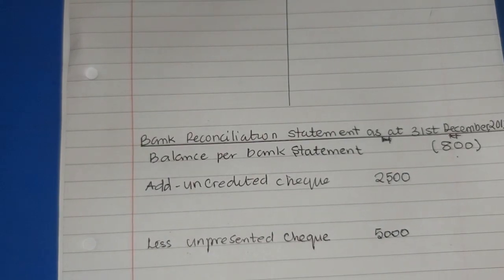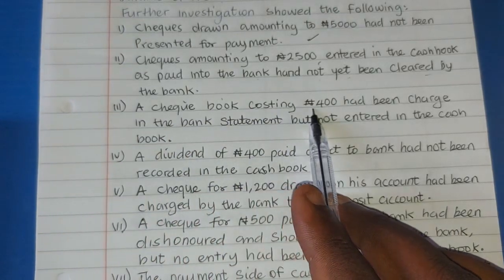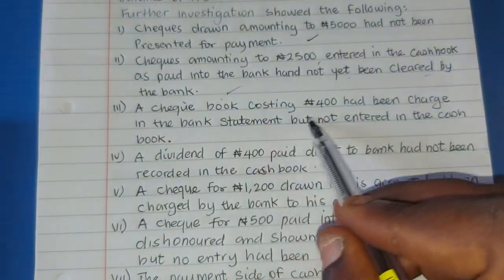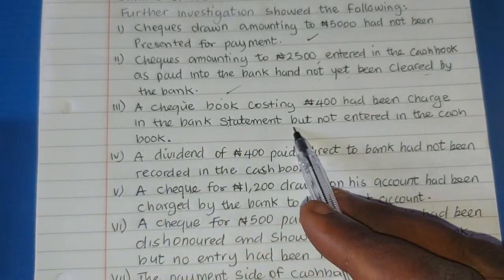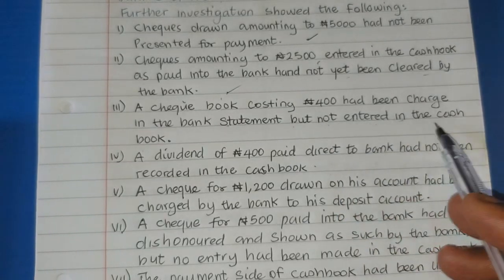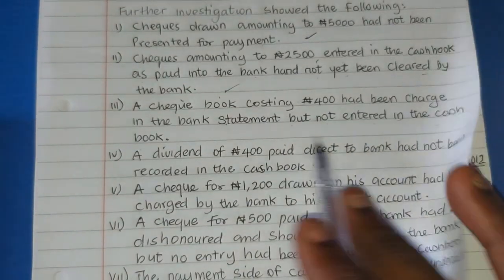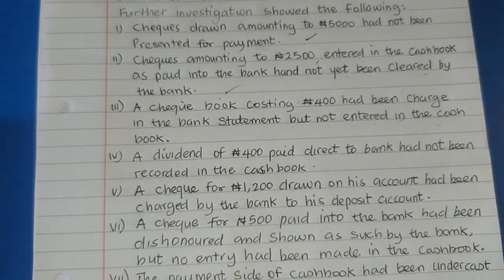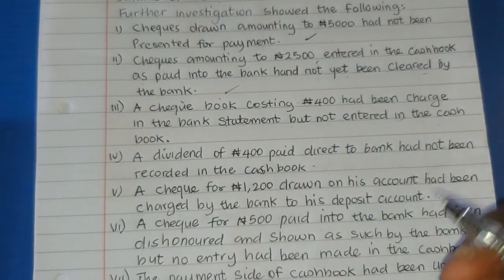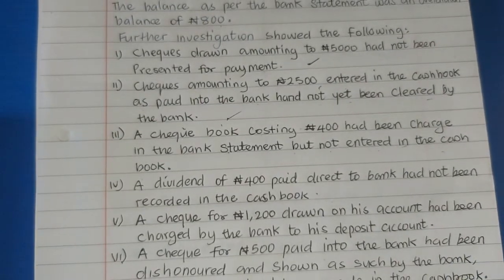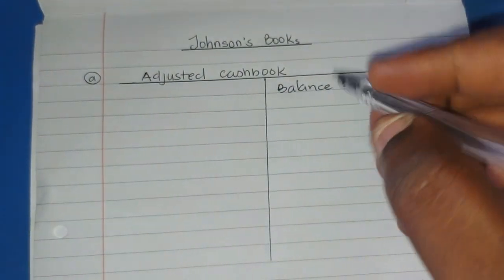All right, so let's go to the next item, which says a checkbook costing 400 had been charged in the bank statement but not entered in the cash book. If the checkbook has been charged in the bank statement, it means the balance in the bank statement has been reduced. The customer's account has been reduced. So it will be adjusted in the adjusted cash book.